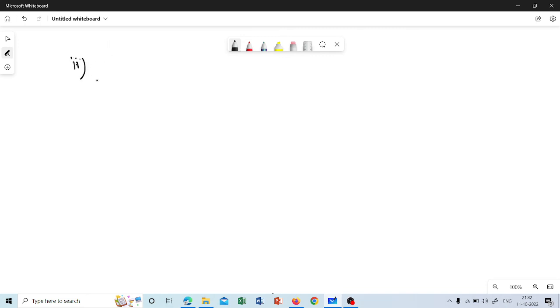The question is sine 25 degrees into cos 65 degrees plus cos 25 degrees into sine 65 degrees. Again, using the same complementary angle property, you can write it in any way.